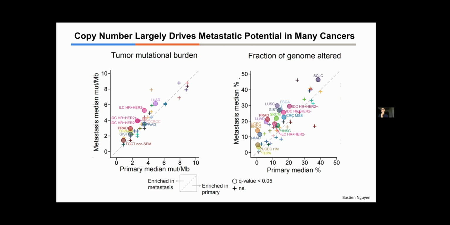But if you look at the fraction of genome altered, there are many more cancer types where the metastatic sample has a significantly higher FGA than the primary counterparts here. And so with that, we say that copy number largely drives metastatic potential in not all cancers, but many cancers.